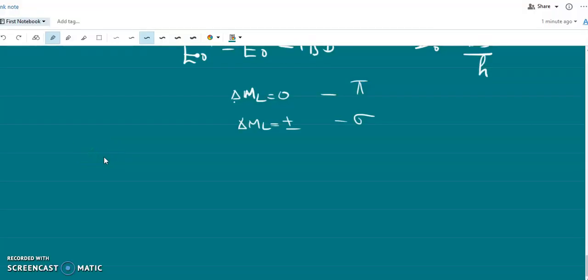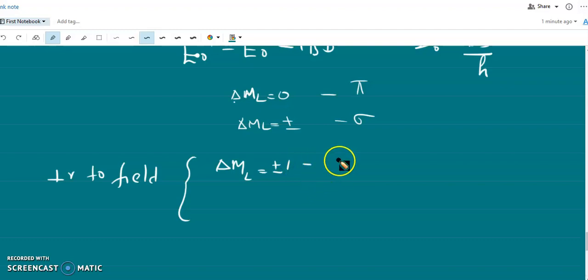So we can say that when viewed perpendicular to the field, delta ml as plus or minus 1 corresponds to plane polarized light perpendicular to the field, which is the sigma component or S component.